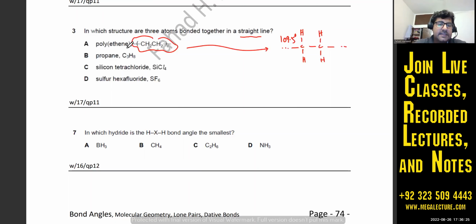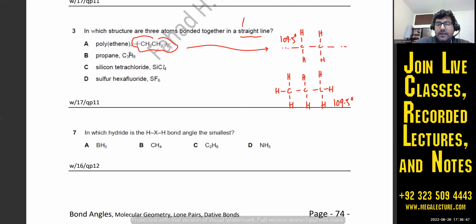What about C3H8? Same issue. जो अगला वाला है C3H8, that's 3 carbon atoms. So again, I'm not drawing the shape, but every carbon atom is tetrahedral. So that means the angle is 109.5 degrees.